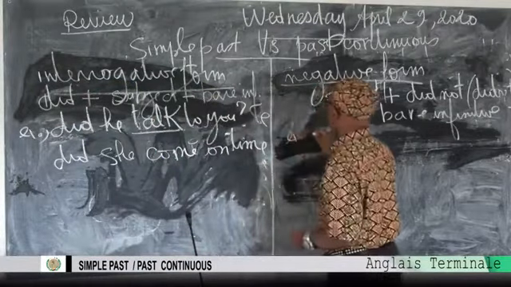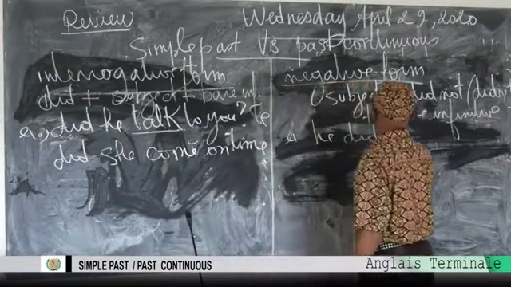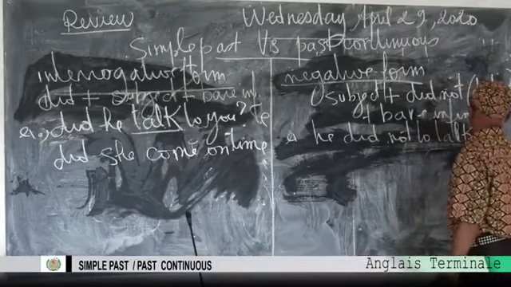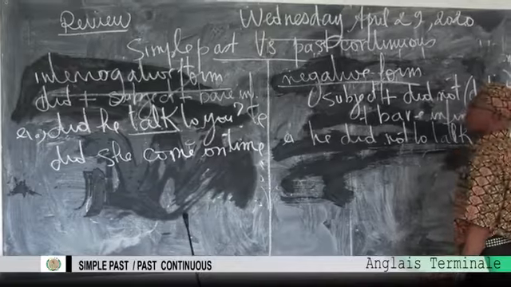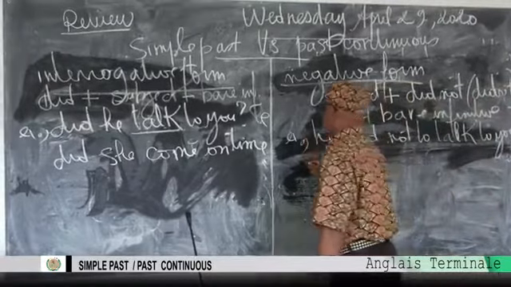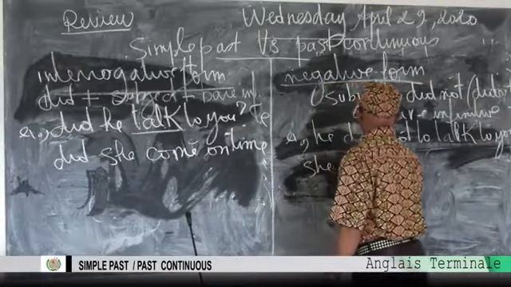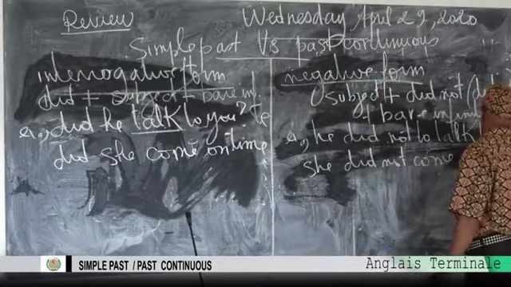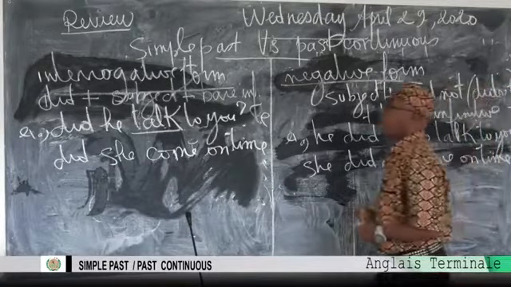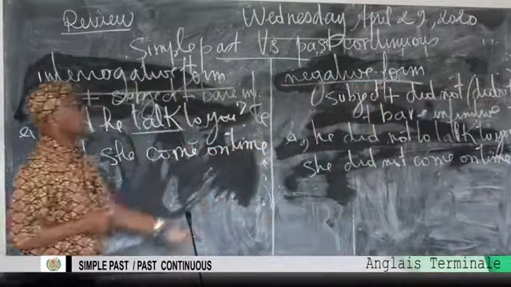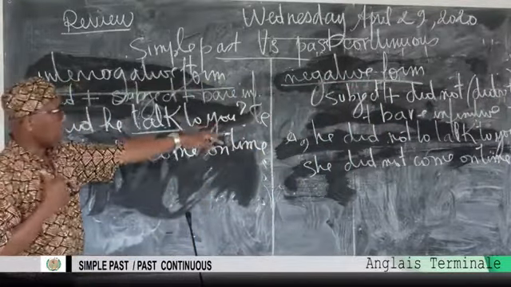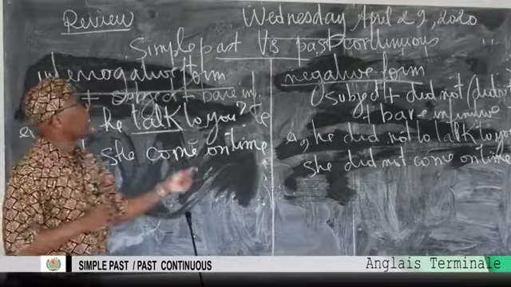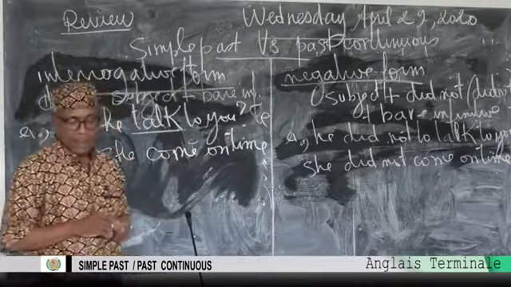For example, you can say, he did not talk to you. Or, she did not come on time. He did not talk to you, talk being a regular verb. She did not come on time, come being an irregular verb. The construction is the same.